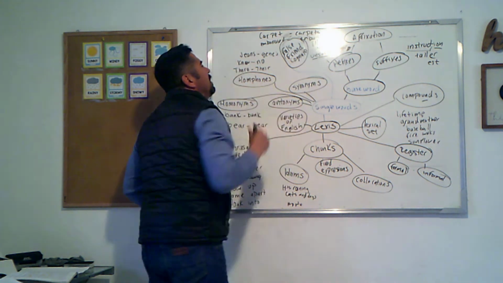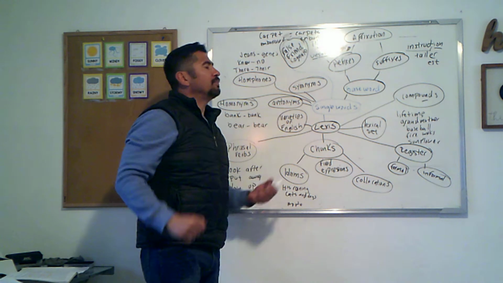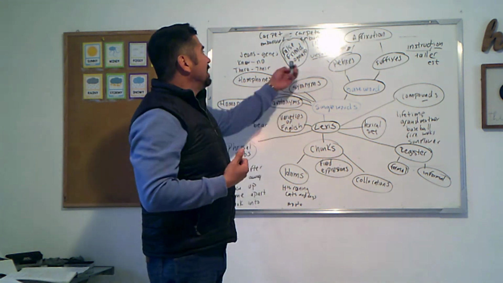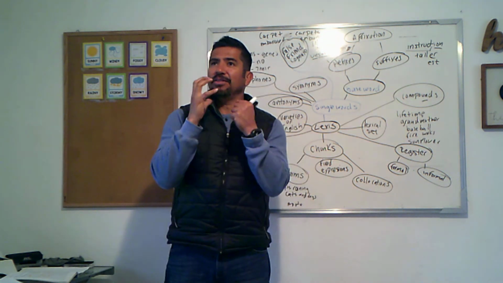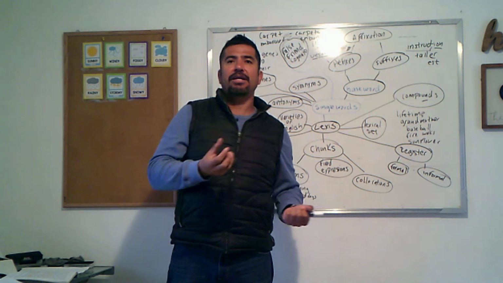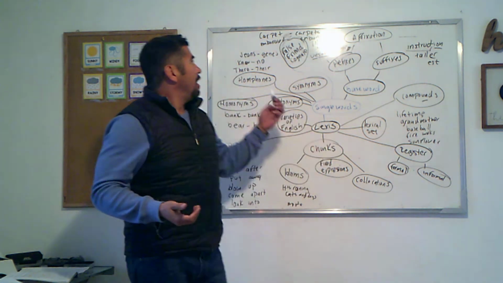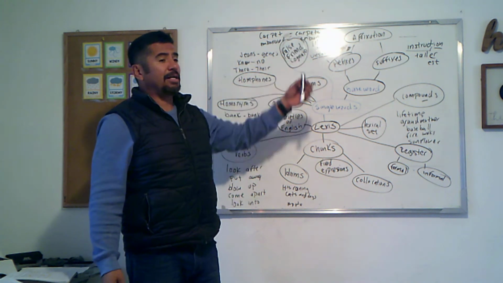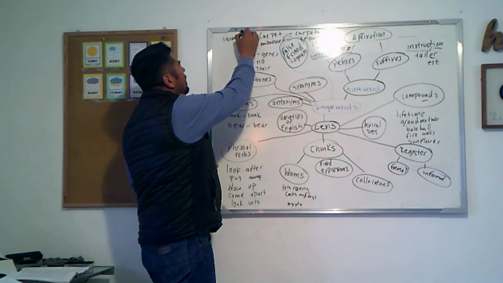Another example would be library, librería. So by now you could have guessed that false friends are words that sound or look very similar in two different languages. In this case, for L1 Spanish and English, they look very similar, like carpet and carpeta, embarrassed and embarazada, or library and librería.